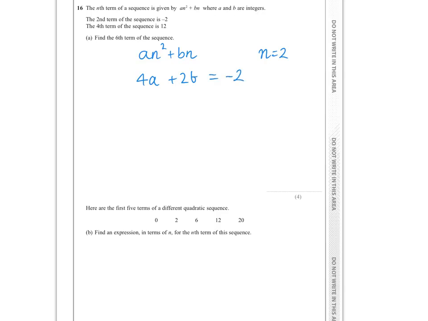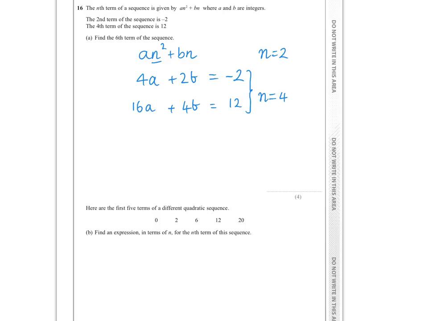The fourth term of the sequence is 12, so when n equals 4, we'll have 4 squared, that's 16a, plus 4b, and that's going to be equal to 12. It says find the sixth term of the sequence.